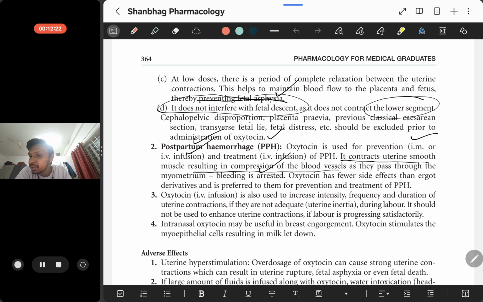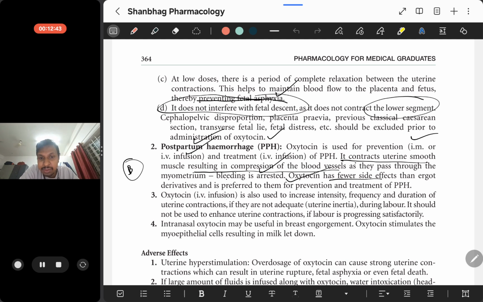When the smooth muscle is contracted, the blood vessels also get contracted. This reduces the bleeding. Oxytocin has fewer side effects than ergot derivatives and is preferred to them for prevention and treatment of postpartum hemorrhage.